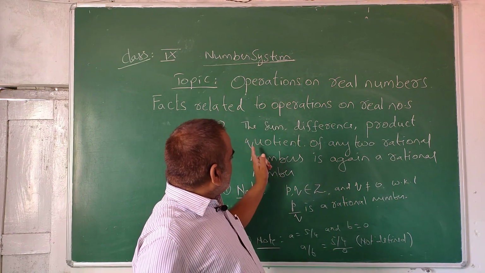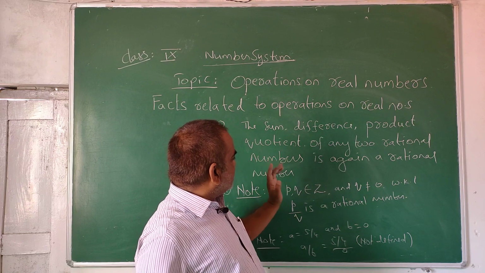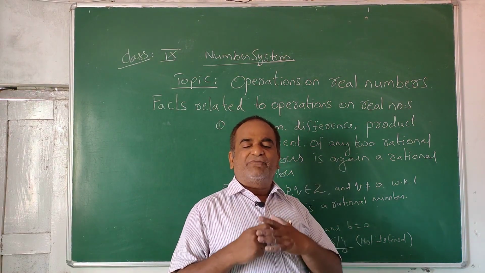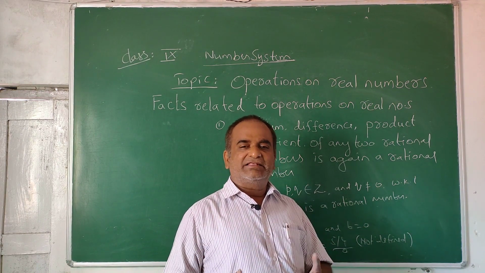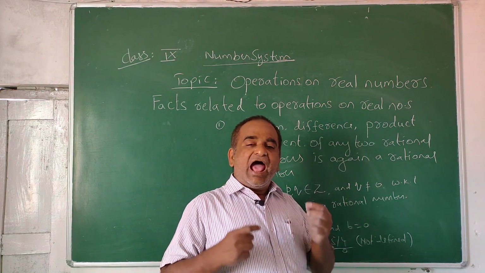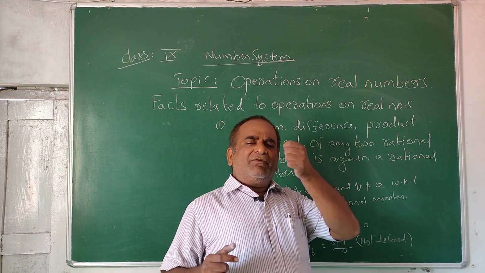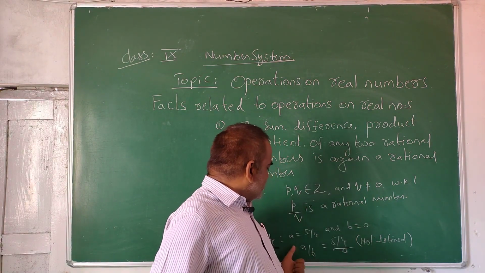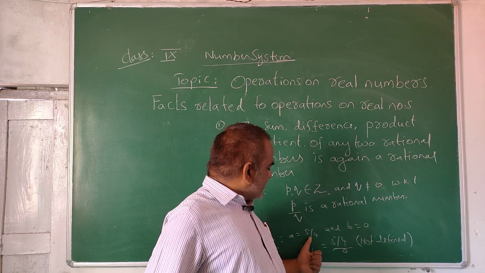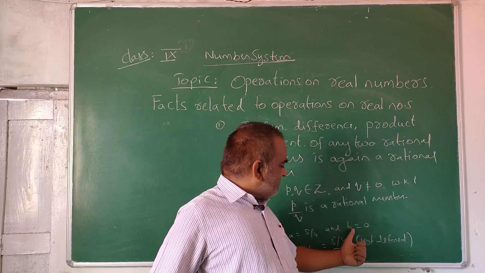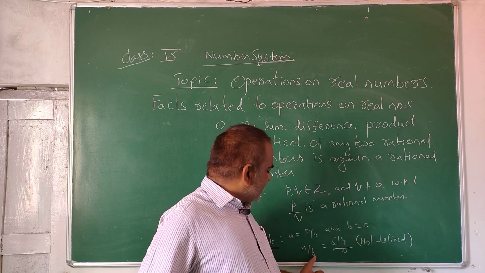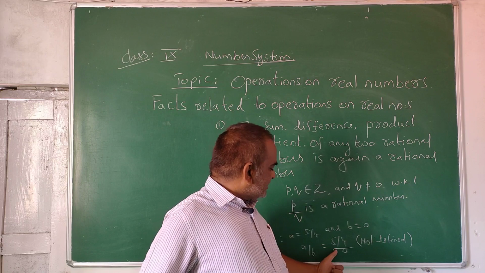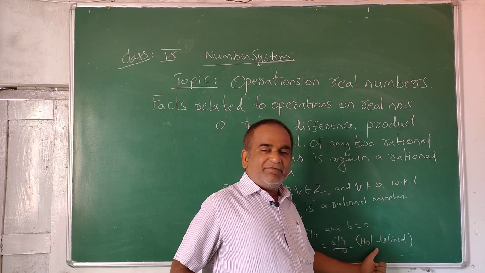So, the quotient of any two rational numbers is a rational number. This property is accepted except in one situation, that is when the denominator is 0. If you take A is 5 by 4 and B is 0, then you observe that A by B, the division of two rational numbers, is becoming an undefined number.